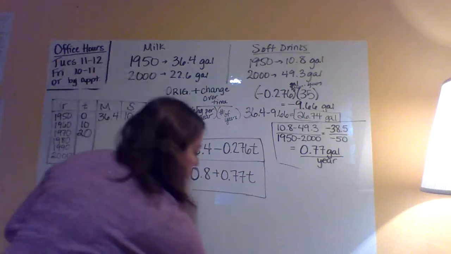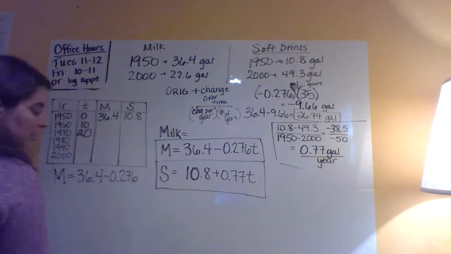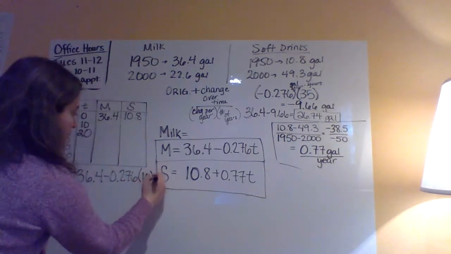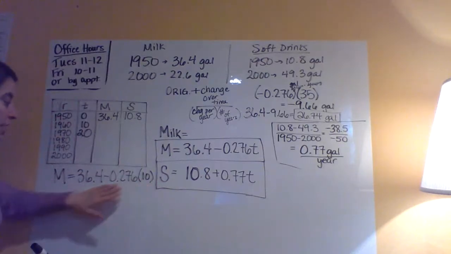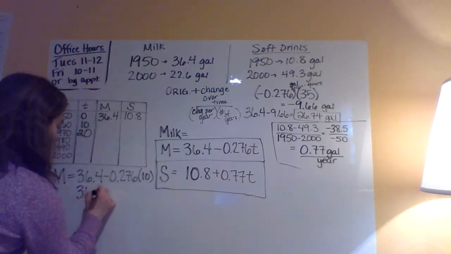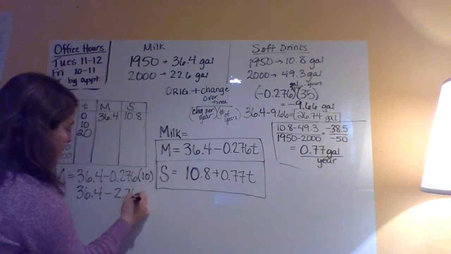Okay, let's do the next one. So when our T is 10, we put 10 in here. Remember, order of operations says we're going to multiply first and then we'll do our subtraction. So we get 36.4 minus 2.76.